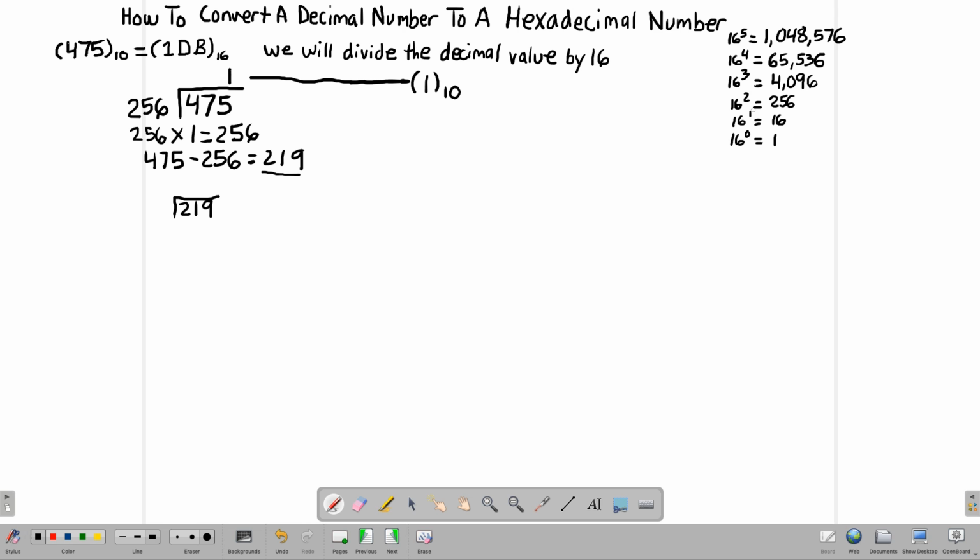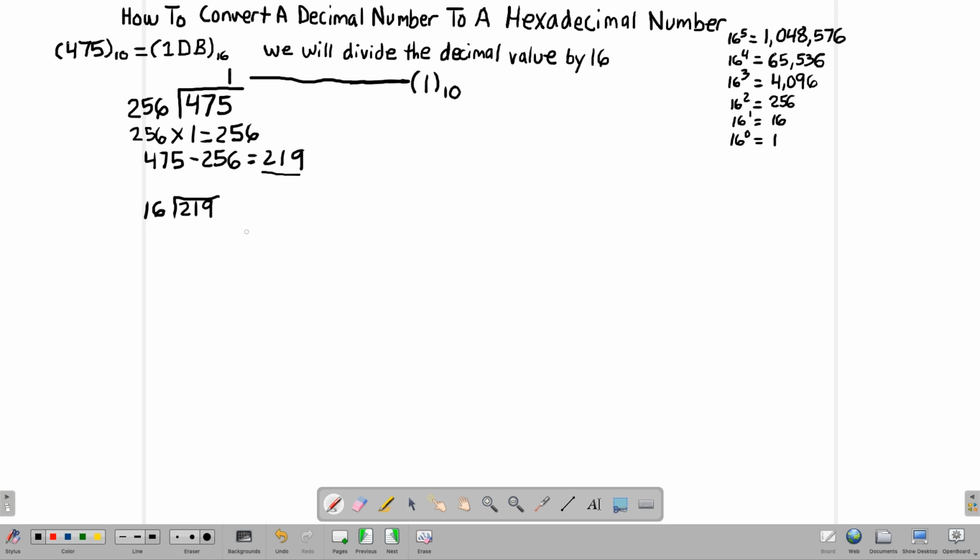Alright, we saw that 16 to the second power produces the value 256, and that's greater than 219. So we want to take the next one below. So we look at 16 to the first power. That fits the description. So 16 is going to divide into 219.